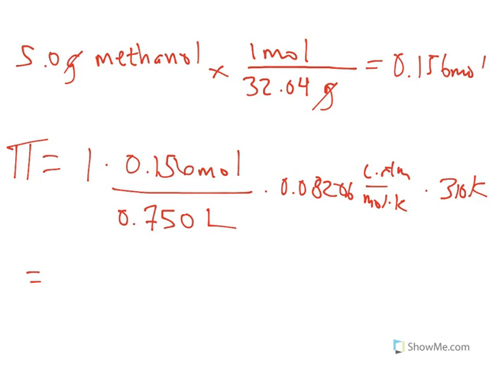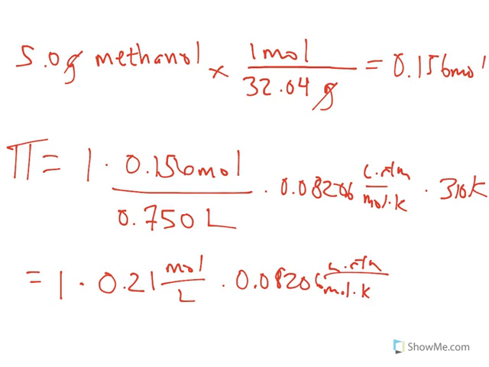So we can simplify this by doing that ratio: 0.156 divided by 0.750 gives me 0.21 molar, or we can say mole per liter if you wish, times 0.08206 liter atmosphere per mole K, times 310 K. So our K's cancel, liters cancel, moles cancel, and we're left with atmospheres, which is our unit of pressure.